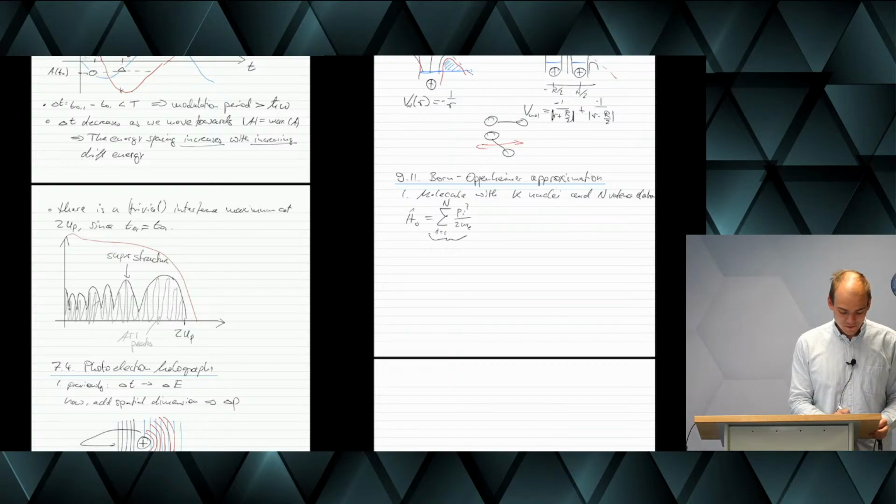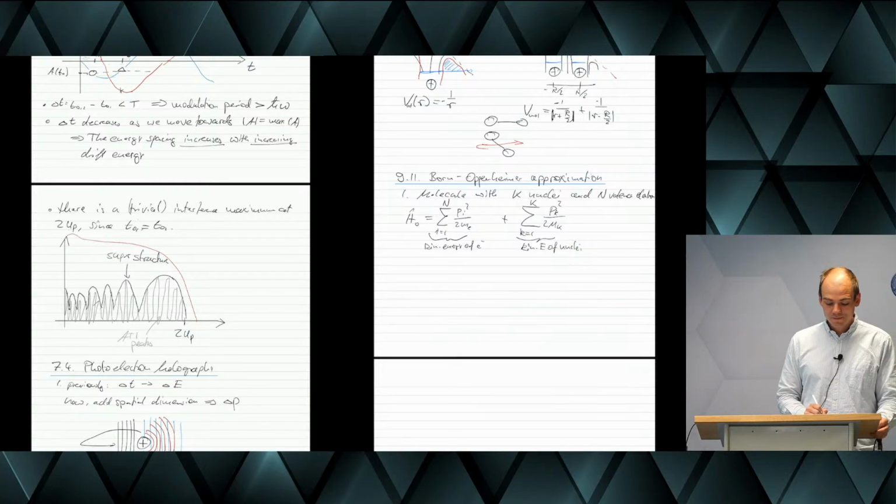So this is the kinetic energy of the electrons. We have a similar term for the nuclei, P_k squared over the mass of the nuclei, which can be different, of course. Kinetic energy of nuclei.